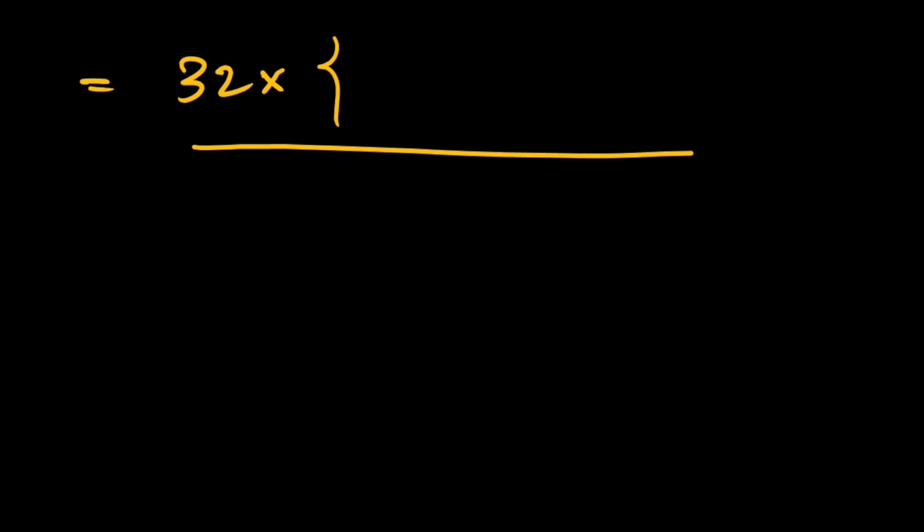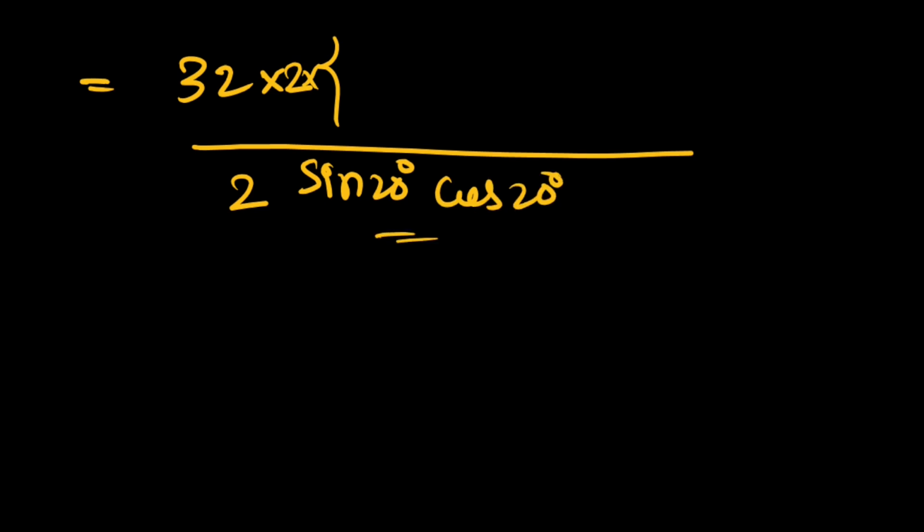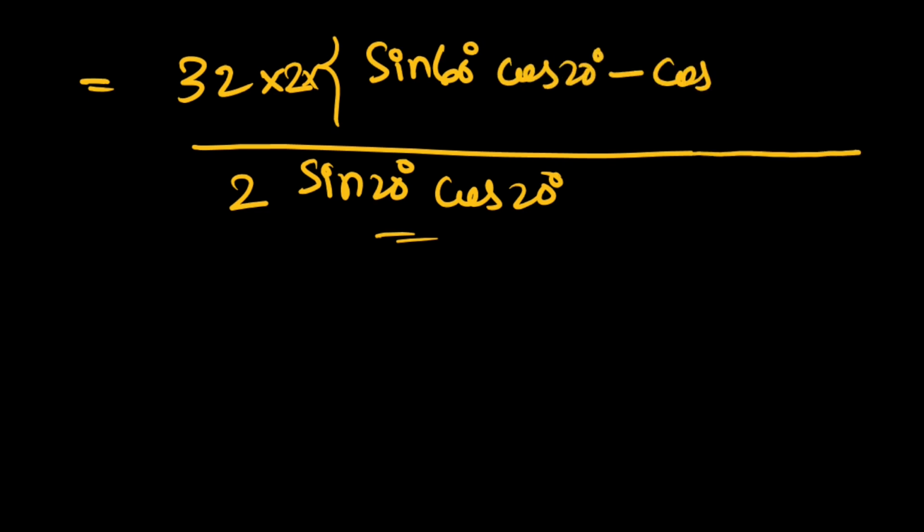We multiply by 2 here, so sine 20 cos 20 converts to sine 2 theta, that is sine 40. Here root 3 by 2 is the value of sine 60, and cos 20 minus cos 60 sine 20, because we apply the formula of sine of a minus b here.